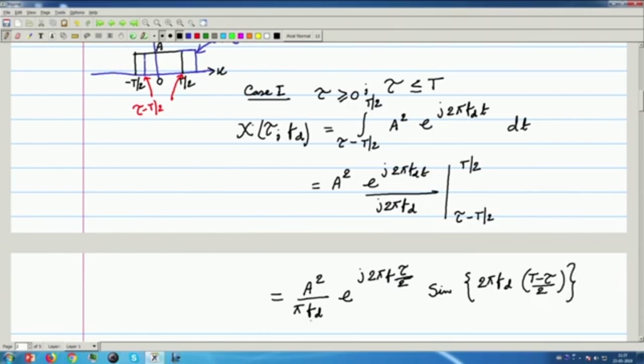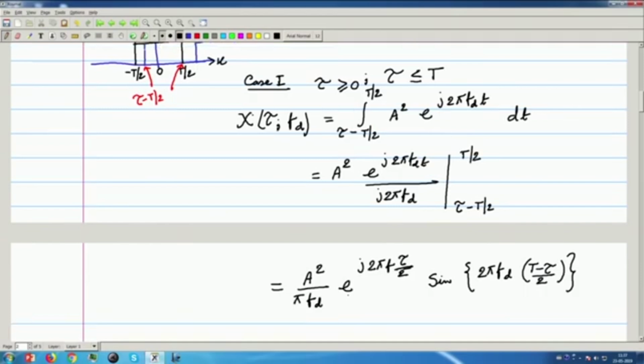Now, this again you see can be written in sinc form.